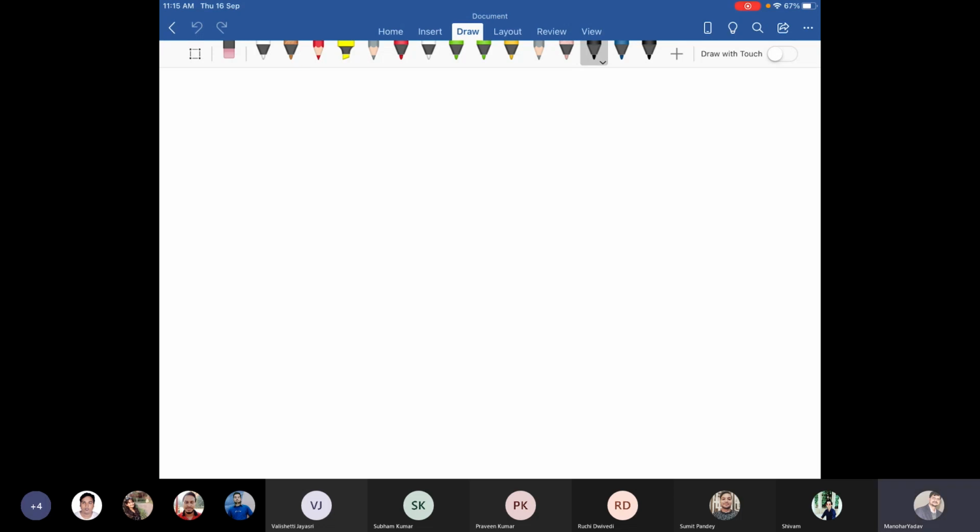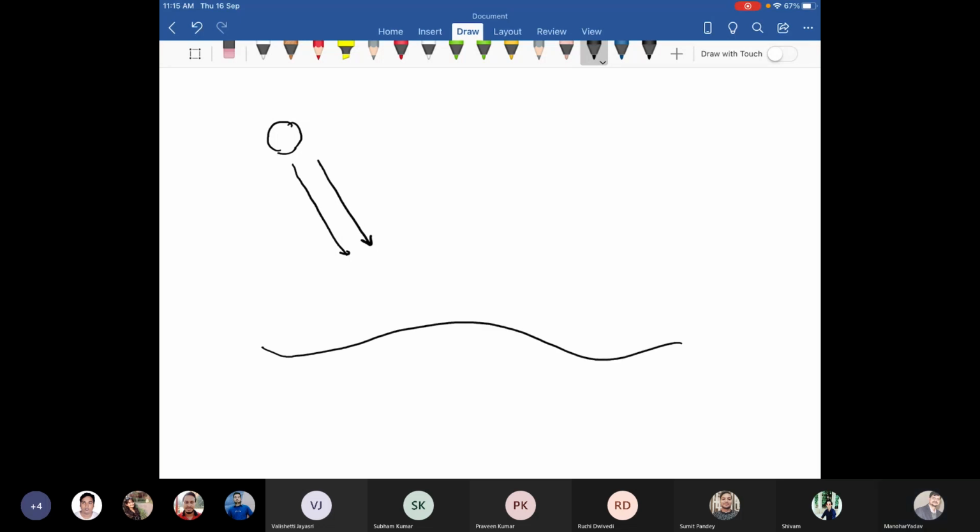There we discussed the sun as an energy source, then the radiation which comes from the sun passes through the Earth's atmosphere. It enters the Earth's atmosphere, then finally reaches the ground surface object.